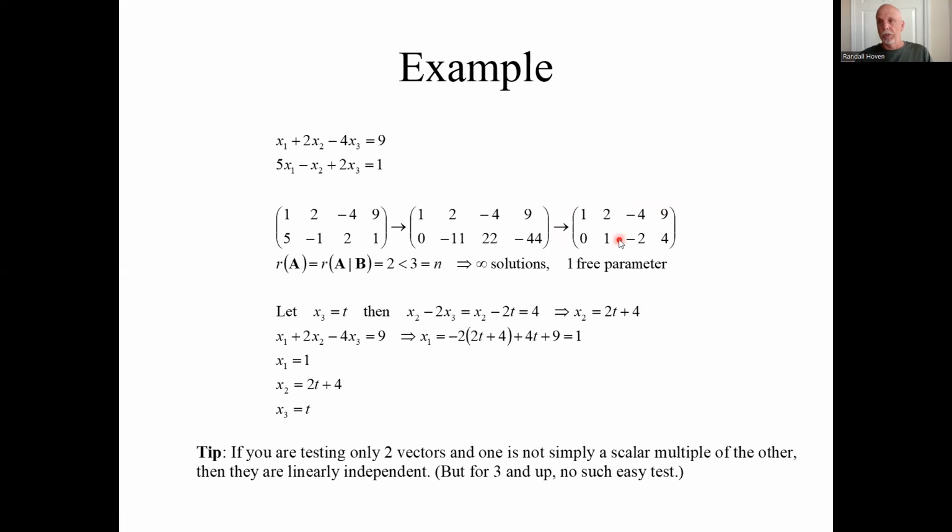AB is all of it. It also has a rank of 2. But N equals 3. 1, 2, 3. The A part is the left 3 columns. The B part is always that right column. So I'll have an infinite number of solutions and 1 free parameter, because 3 minus 2 is 1. I'm not going to go through this.